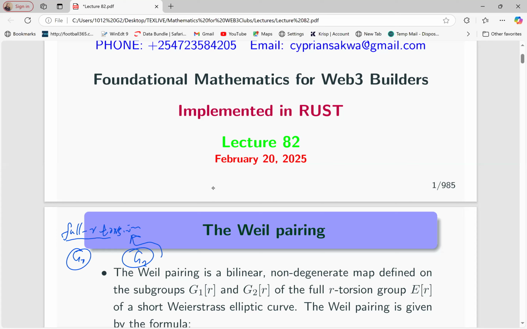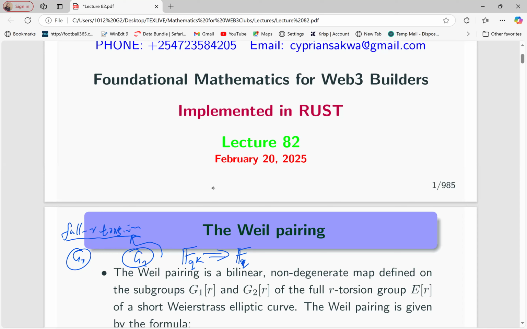This full R-torsion group was defined on the elliptic curve over a field extension, FQ^K. Now, this came from the original field, this is FQ, where Q is the characteristic of this field.